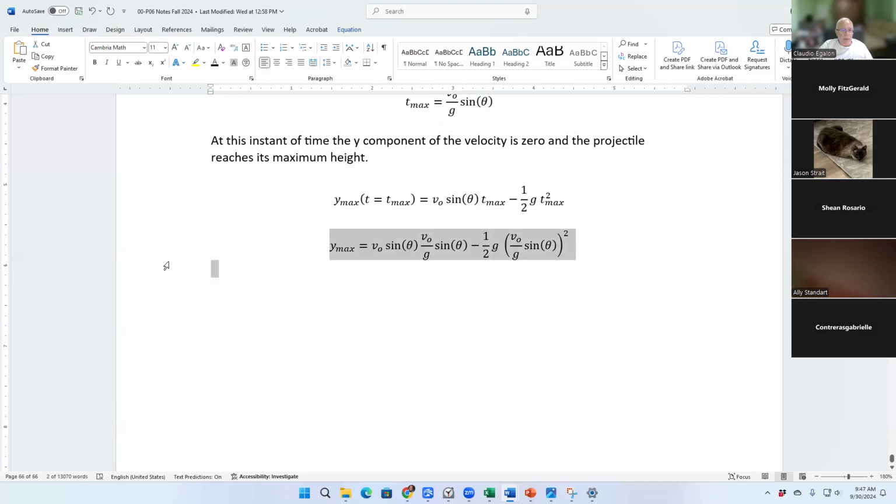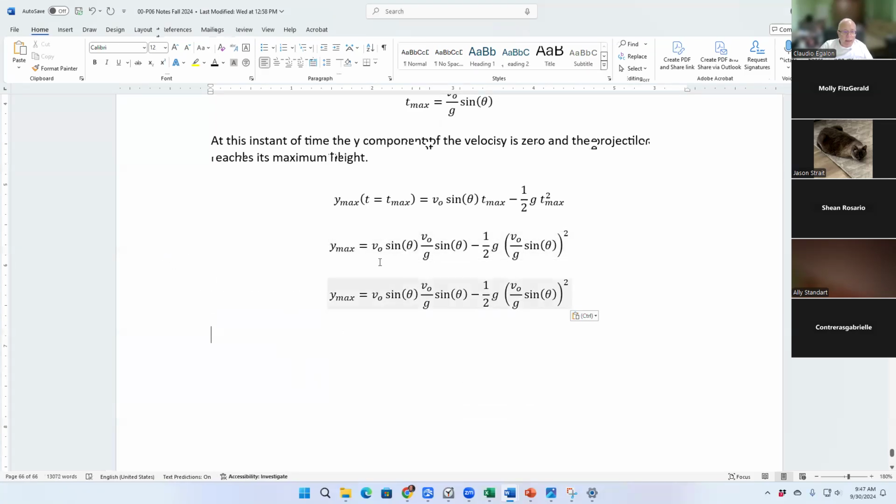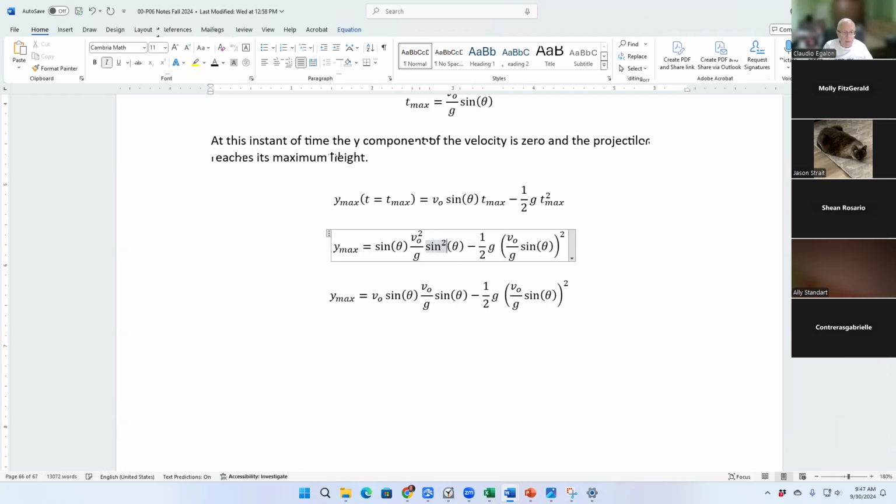Let's see, what else can we do? Can we simplify that? Yes, we can simplify that. There is still something that we can do. Let's see if that leaves V naught. I'm combining one V naught with the other one, and then I'm combining this sine with this sine here. And then I do the same here.